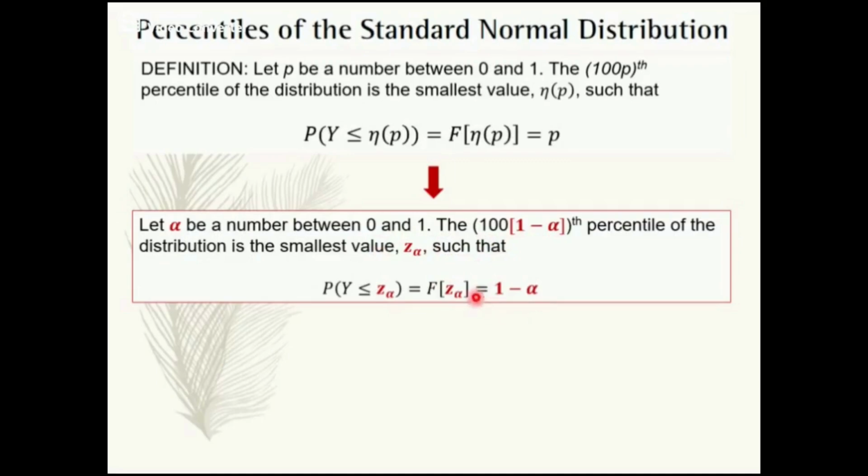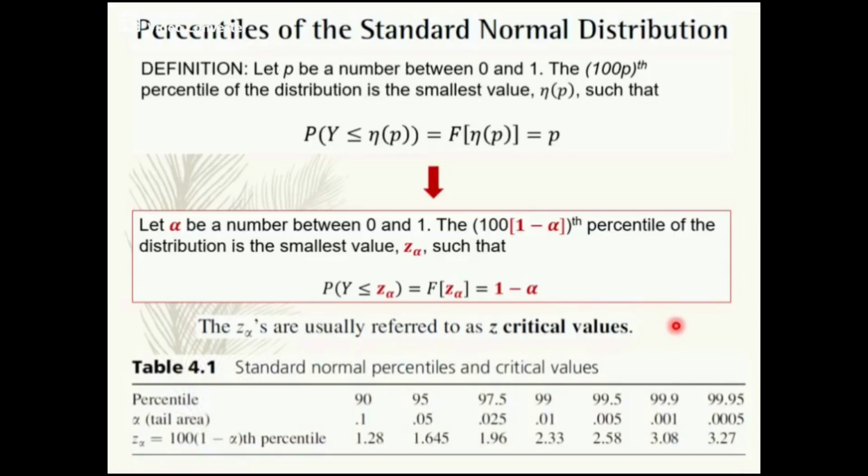Remember, under this notation, Z alpha is that value such that area to the right is alpha. So therefore, the area to the left is 1 minus alpha. These Z values have a special name. They are called Z critical values. This is an important term and it's going to be especially relevant in the second semester.